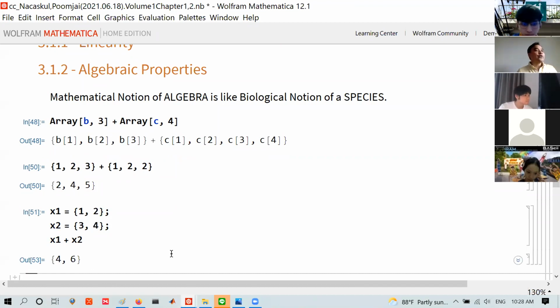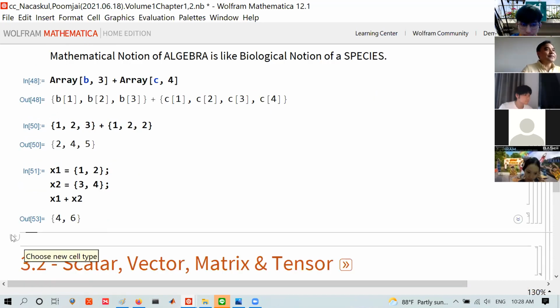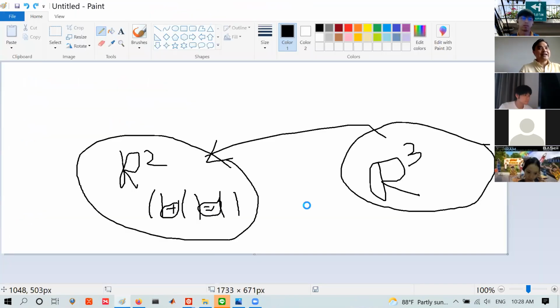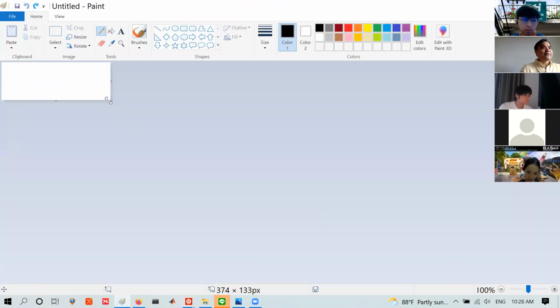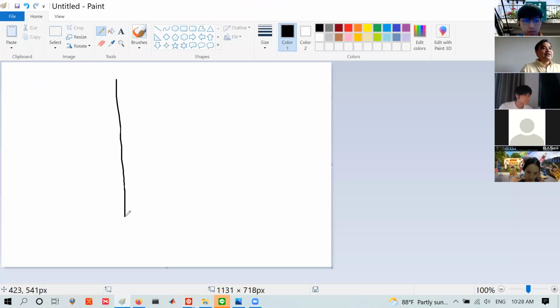Now, for those of you who came from the science track or mathematics track, you will know that you have done this before in a math class. So let's see, you have the point 1, 2, and you have the point 3, 4.